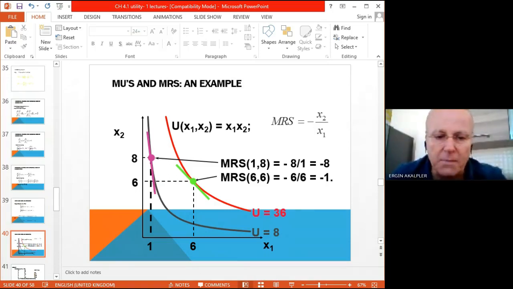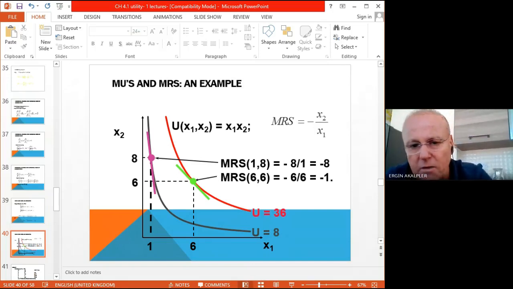For the point, let's say green and purple, I didn't put any numbers here, so it is minus x over x, which is of course minus 1. Therefore, from the above calculation, the marginal rate of substitution, equal to minus x2 over x1, will give you minus 8 over 1 and minus 6 over 6.